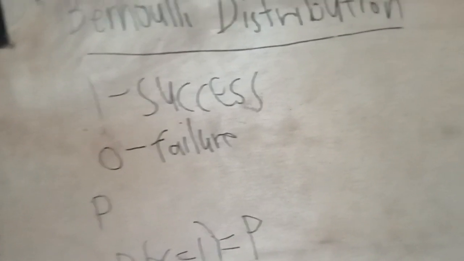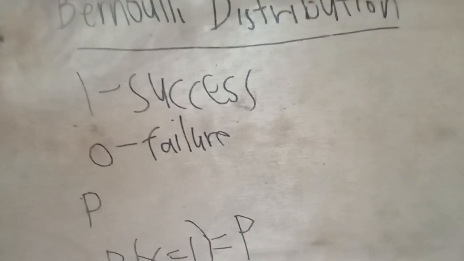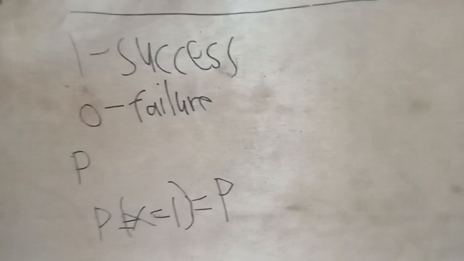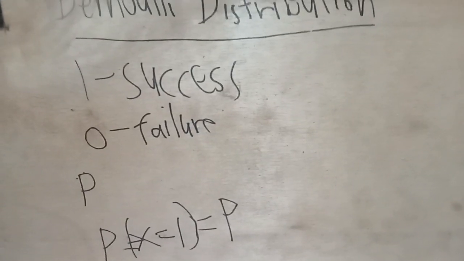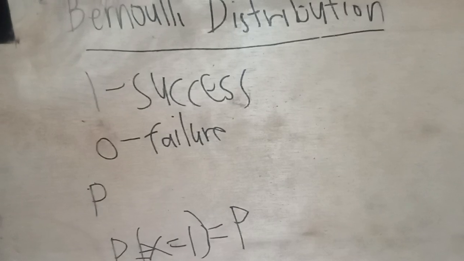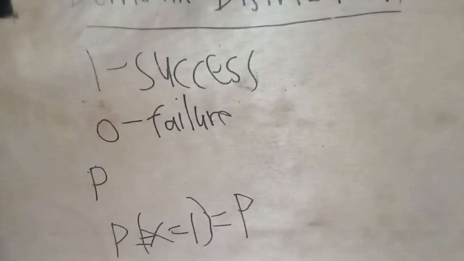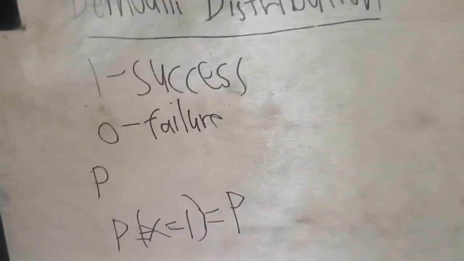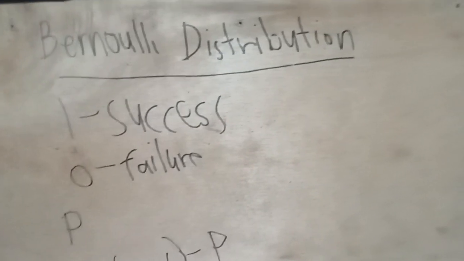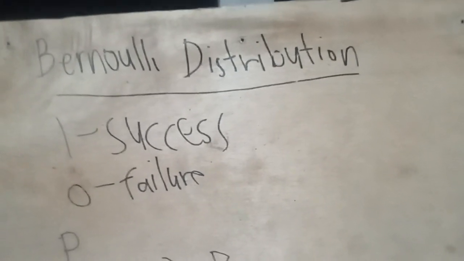Some examples: first is flipping a coin. It is either heads or tails. Another example is whether a customer buys a product or not. But today, we are focusing on a student answering true or false questions.